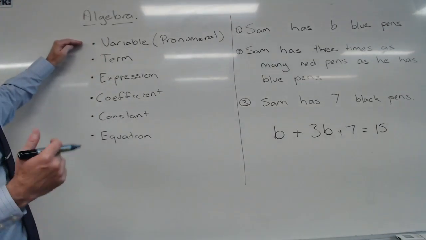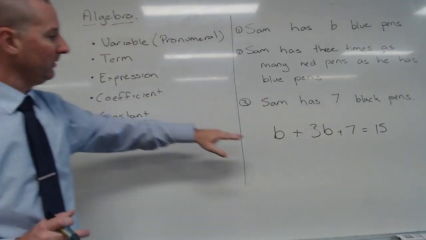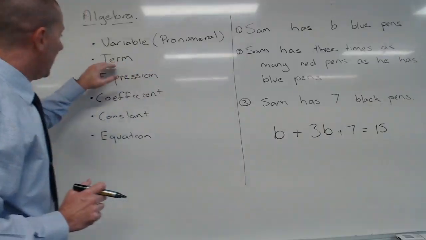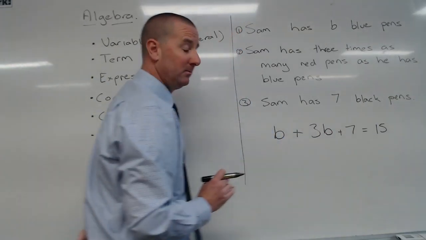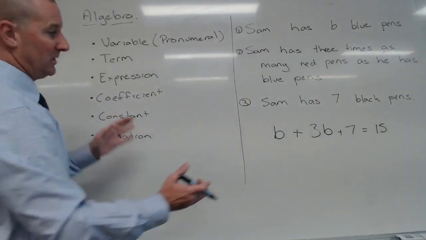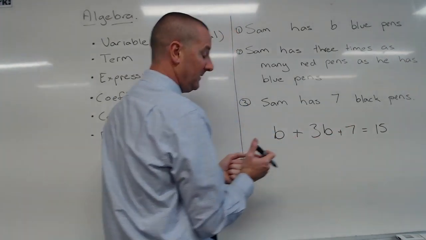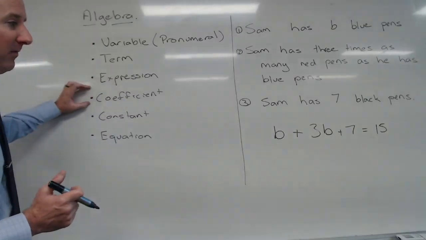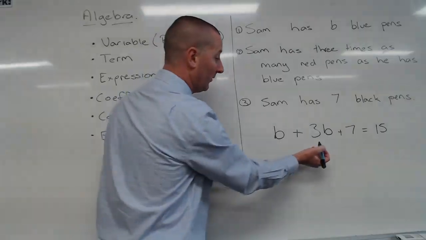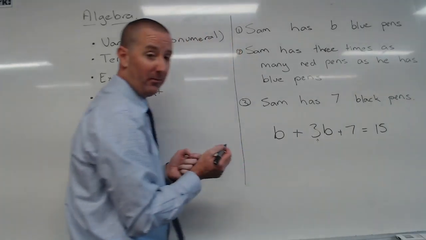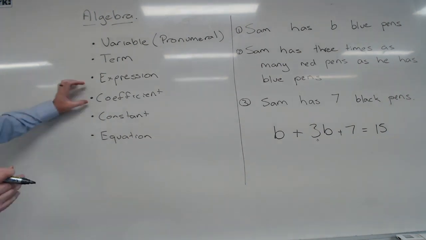So in this case, our variable is b. Let's review. Our variable is the letter b. Our terms are b, 3b, 7. Our expression would be b plus 3b plus 7. Our coefficient, we look at one of the terms, so our coefficient for 3b would be 3, a digit in front of the pronumeral.